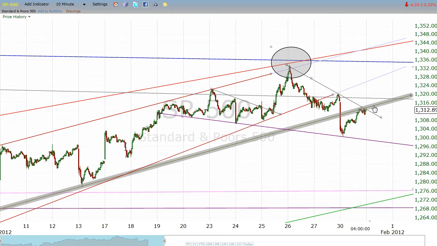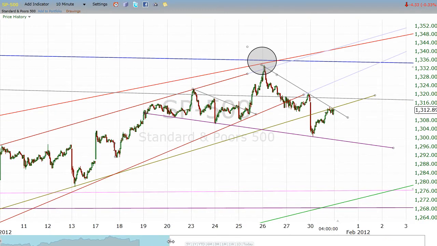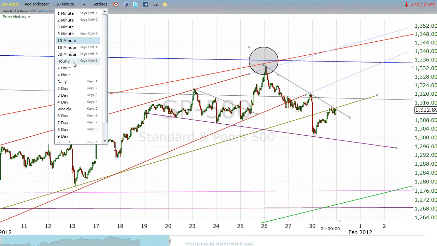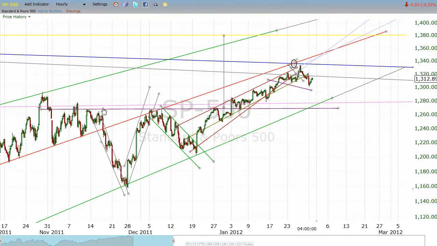So I would have to say at this point that it's looking likely that this is signaling something of a reversal. I don't think it's going to be a real long protracted reversal. I suspect what this would set up would very possibly be a bull flag, because we've still got this pattern that we're dealing with, this inverse head and shoulders.